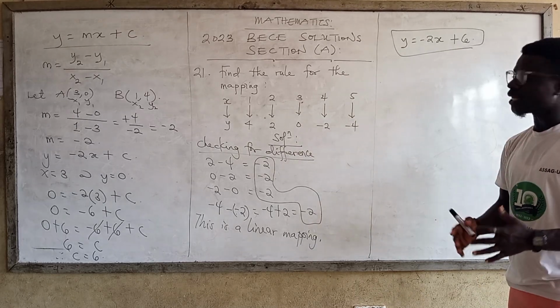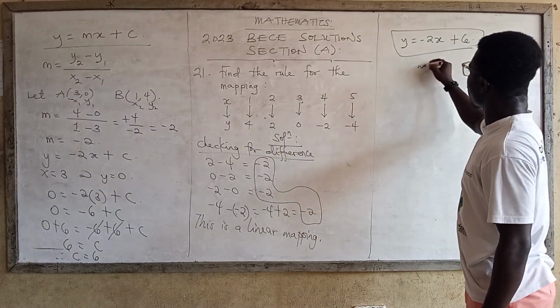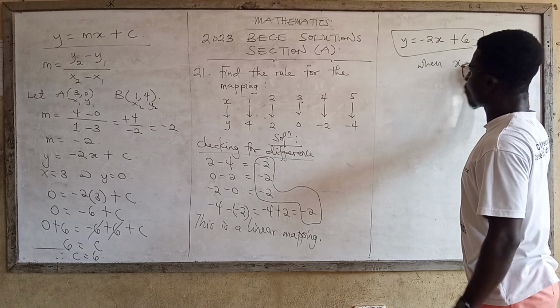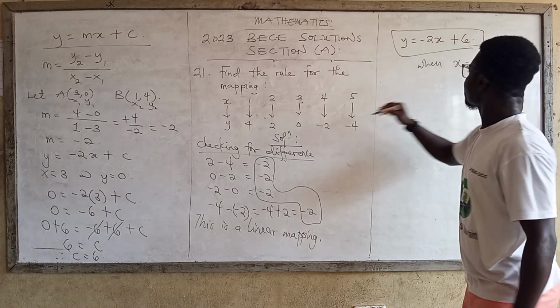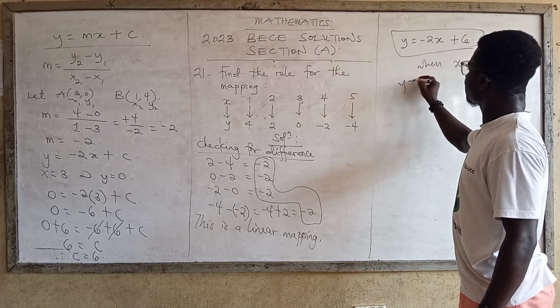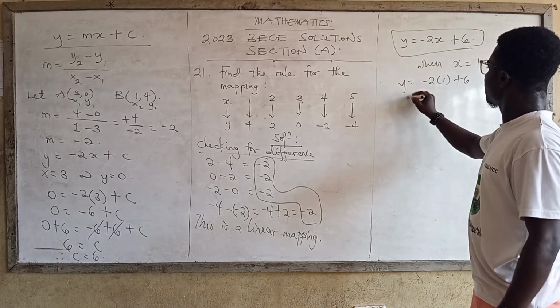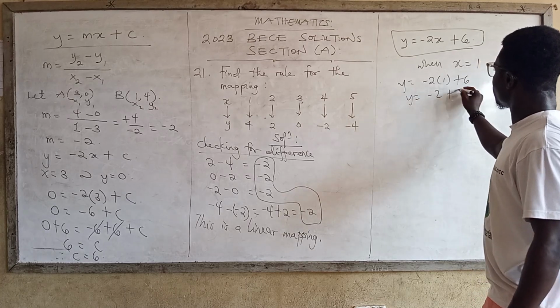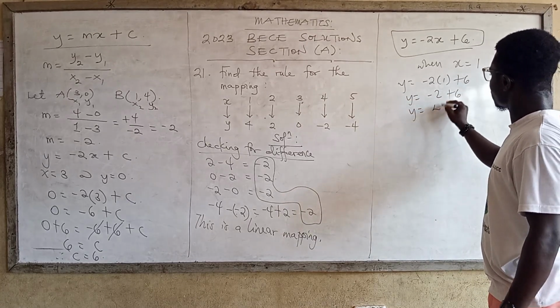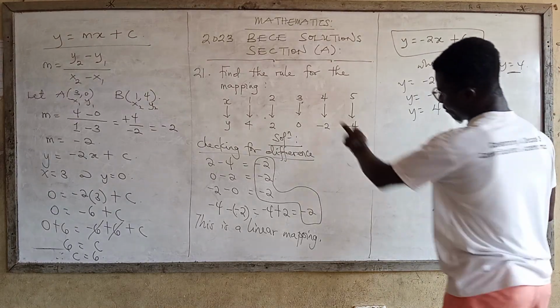If you want to know that you are correct, then you can test the values and see: when x equals 1, what is y? y is 4. So let's see whether it is true. When x equals 1, negative 2 times 1 plus 6, I have y equals negative 2 plus 6. y equals 4. Then it's true. You can test another value.